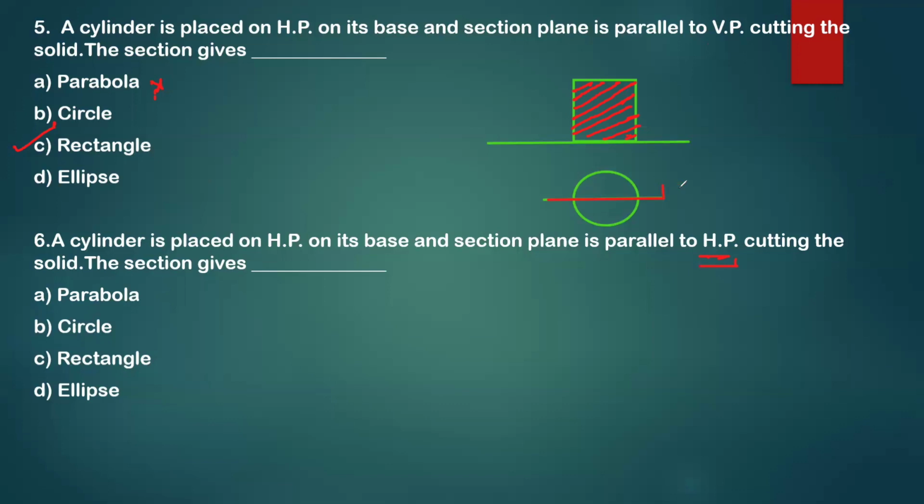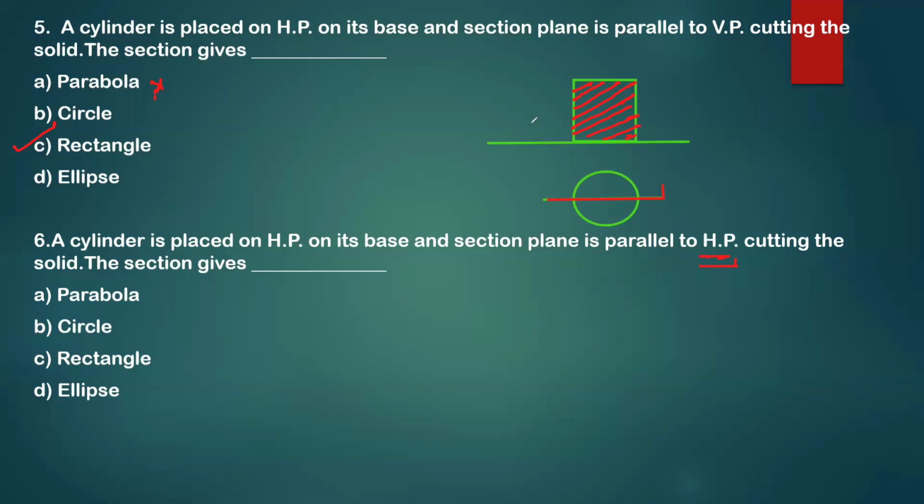That means whatever sections we get, we can tell directly, as this cylinder is cut by the section plane which is parallel to HP, the section portion will be a circle.